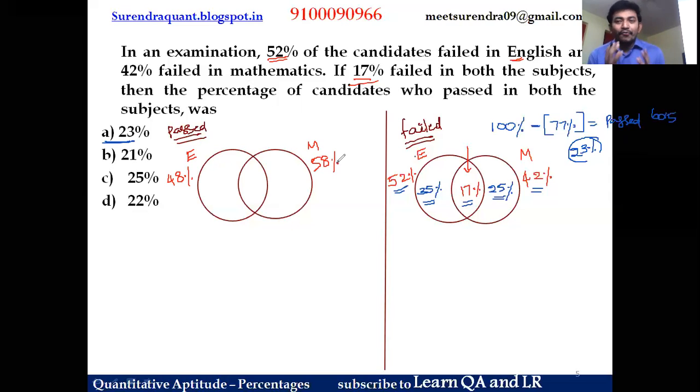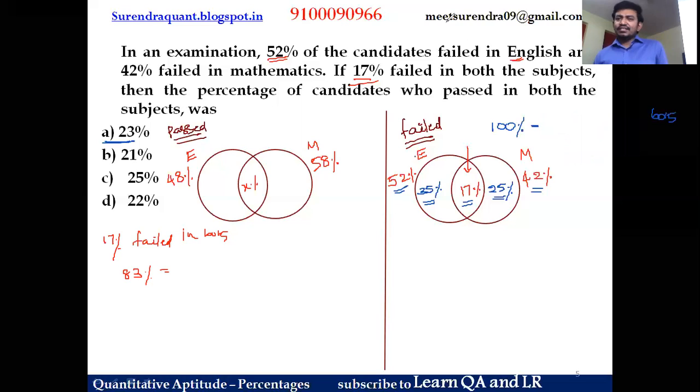But we don't know what percent of the students passed in both subjects, say X%. The intersection is X%. And friends, if 17% failed in both, what is the interpretation for it? 100 minus 17, 83% passed in at least one subject. So that at least one is n of A union B. Now we know the basic thumb rule as we discussed in the previous slide.